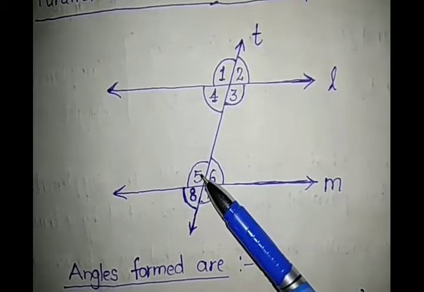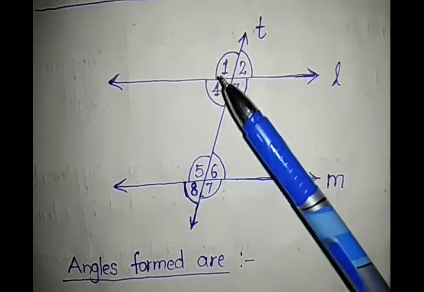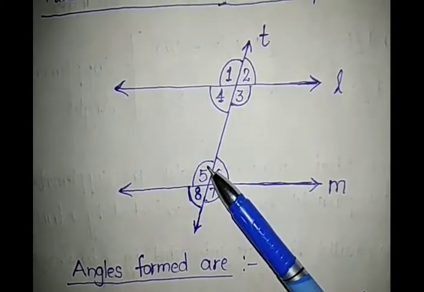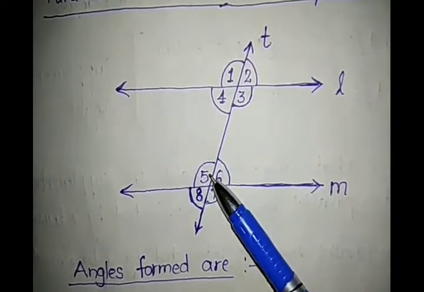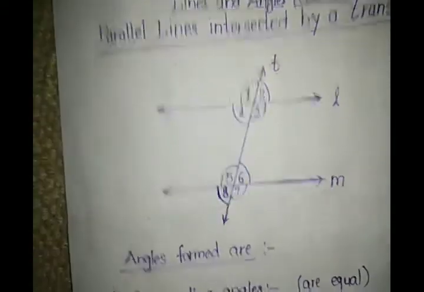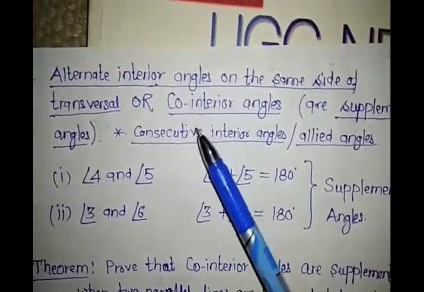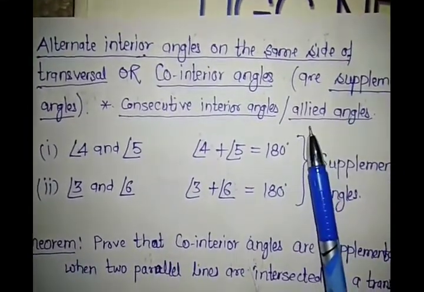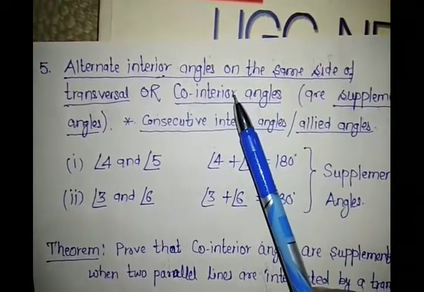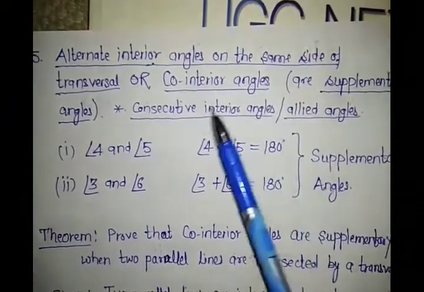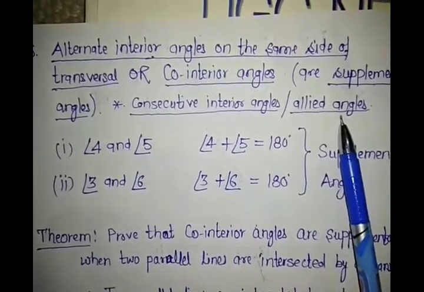So angle 4 and angle 5 are called co-interior angles, or alternate interior angles on the same side of the transversal. These angles are also called conjunctive interior angles or co-interior angles or also allied angles. So alternate interior angles on the same side of the transversal are named co-interior angles, conjunctive interior angles or allied angles.